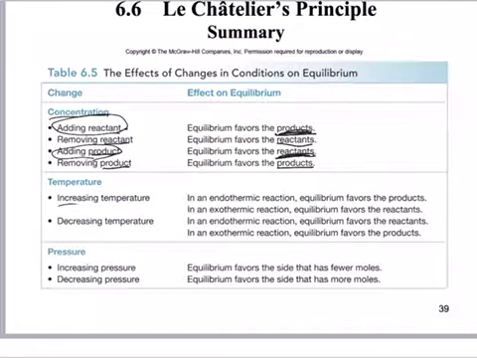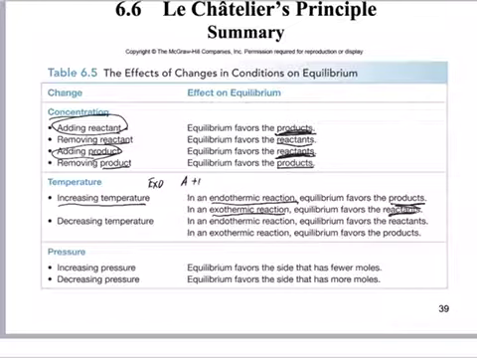Temperature. If you increase temperature for an endothermic reaction, it goes to the products. But for an exothermic reaction, it favors the reactants. And we can remember that again by exothermic, exo reaction, A plus B goes to AB plus heat, and an endo reaction, A plus B plus heat goes to AB.